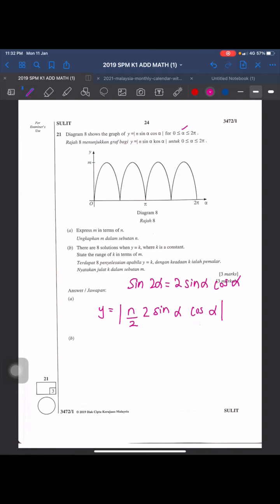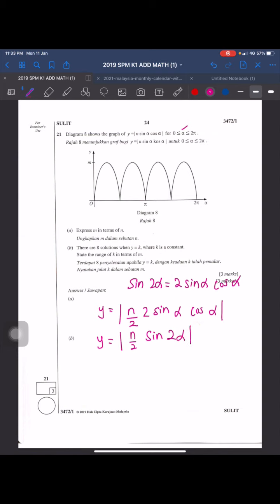Kita tahu 2 bahagi 2 akan dapat 1, so ini tidak akan mengubah value kita. Jika dilihat, ini sama dengan yang atas. So kita boleh substitute masuk. So y is equals to modulus n over 2 sin 2 alpha.